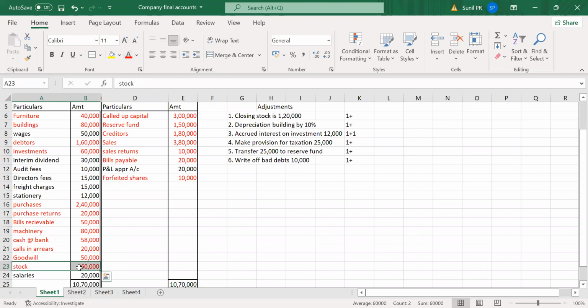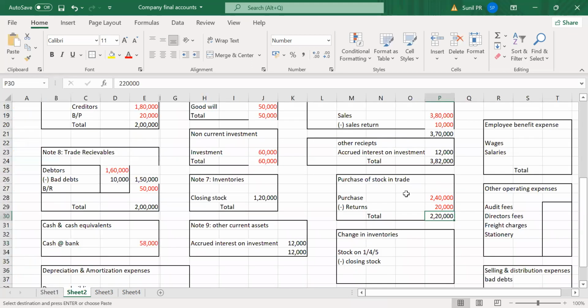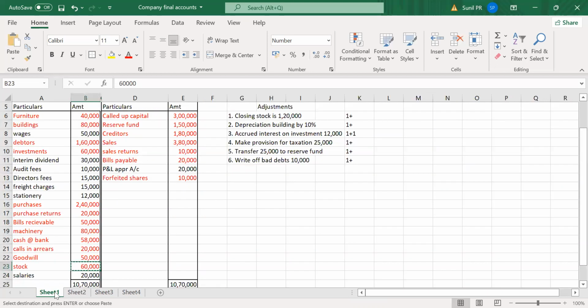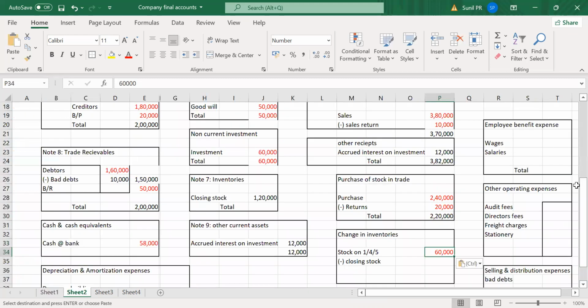You take this stock now. Opening stock minus closing stock is called change in inventories. Closing stock will be there in the adjustment. So closing stock you have already taken in assets. I told you, if you remember this, while doing the assets the first time, it is already taken in closing stock.